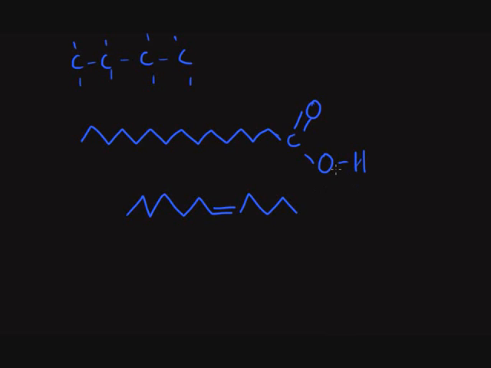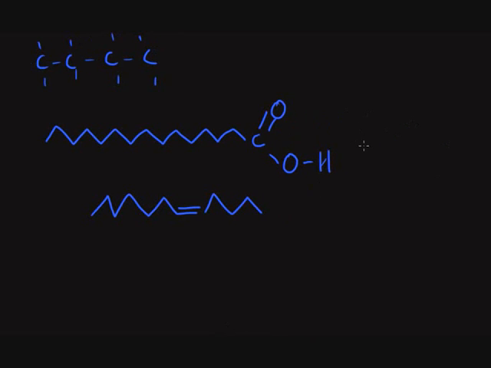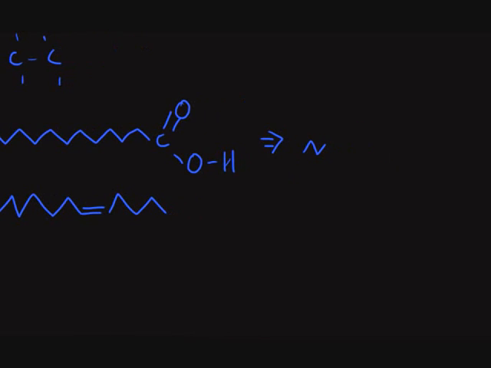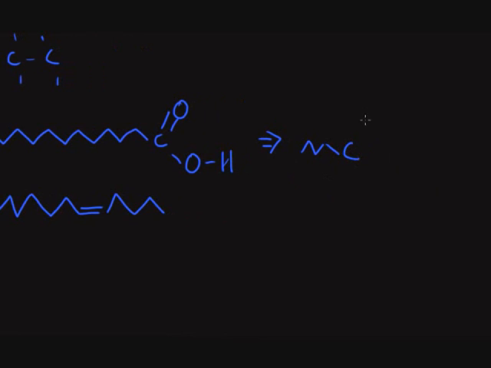And what's important about this structure? Well, if you picture here, you've got a very long non-polar compartment of the molecule, and at the end here you've got your carboxylic acid group. And as you've probably seen before, these groups are often drawn like this, in that in water, in solution, this becomes a polar group.